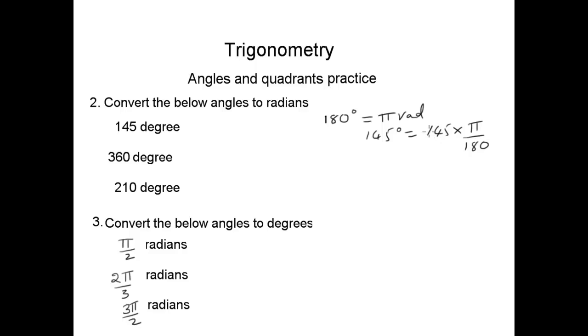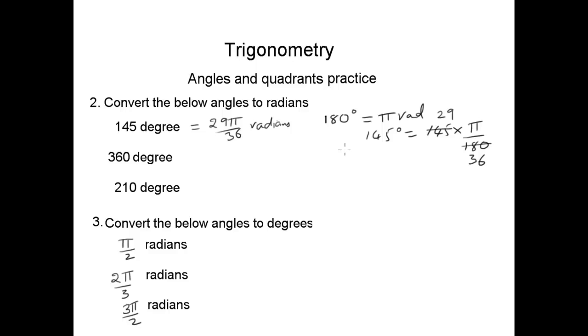So let's simplify this. 5 2s are 10, 5 9s are 45. 5 3s are 15, 5 7s are 35. So this is 29 pi over 36 radians.